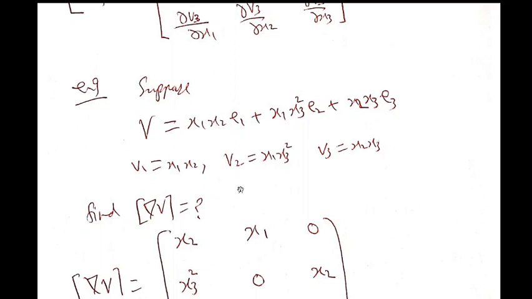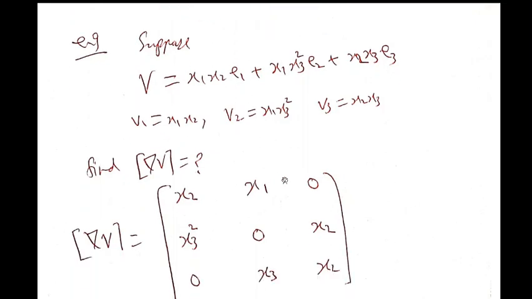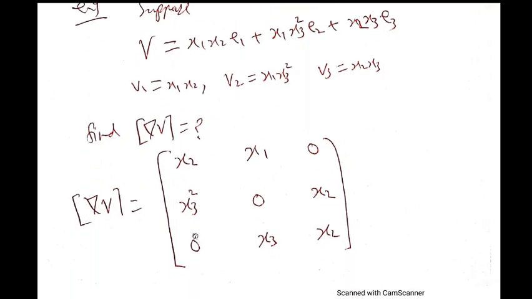Now if you are asked to find the gradient of this vector field V, you need to find these 9 components: partial V1 partial x1, partial V1 partial x2, partial V1 partial x3, partial V2 partial x1, partial V2 partial x2, partial V2 partial x3.